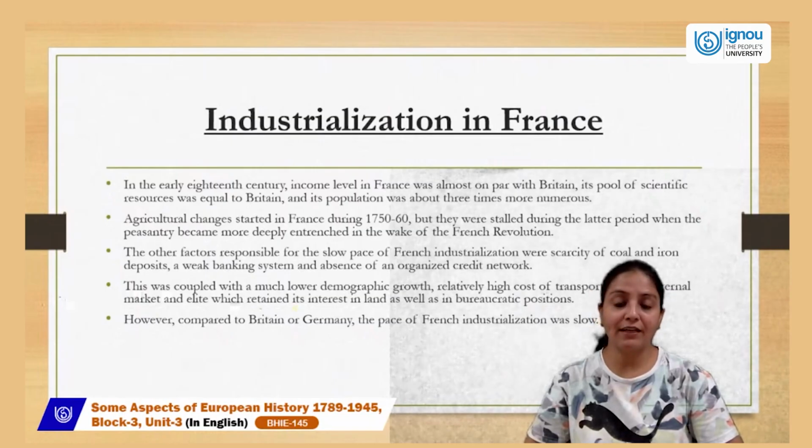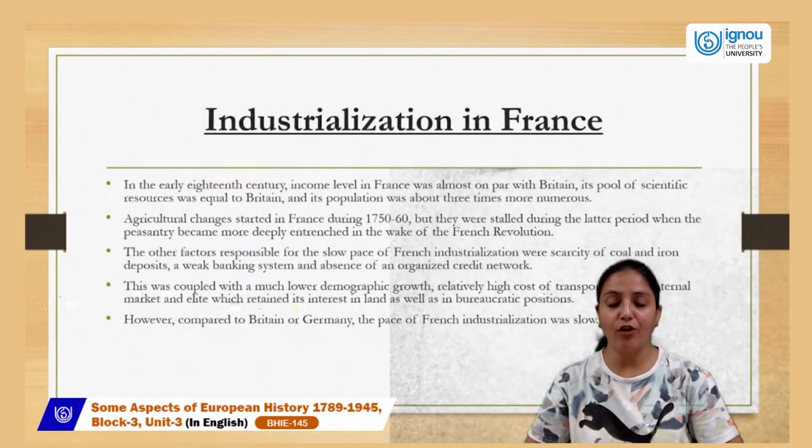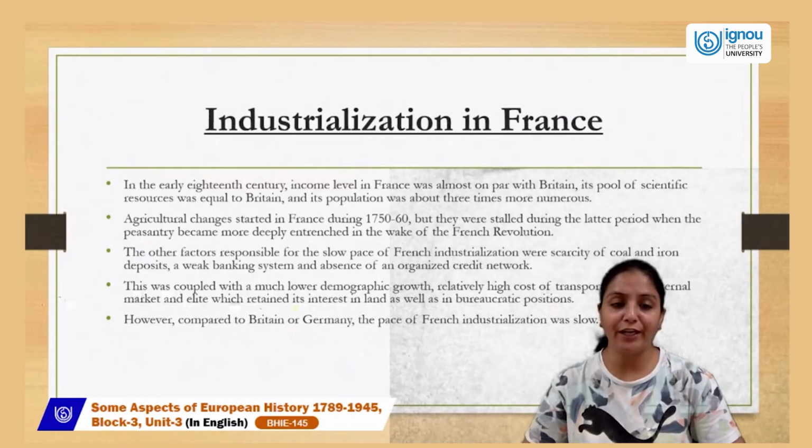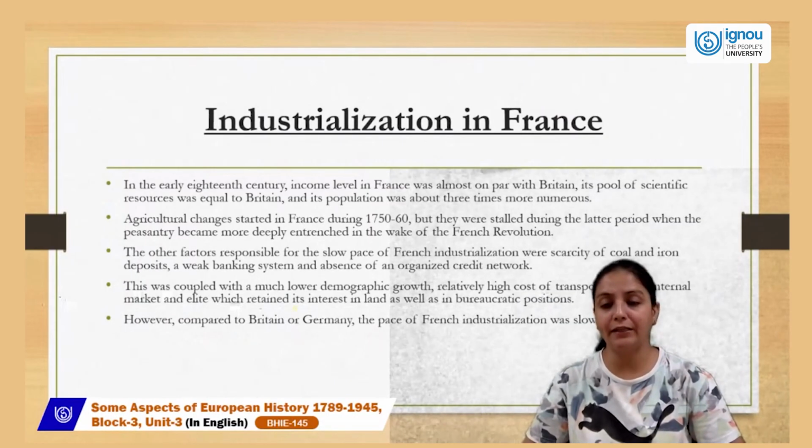We have discussed in our earlier units the French Revolution. Other factors responsible for the slow pace of French industrialization were scarcity of coal and iron deposits, a weak banking system, and absence of an organized credit network.